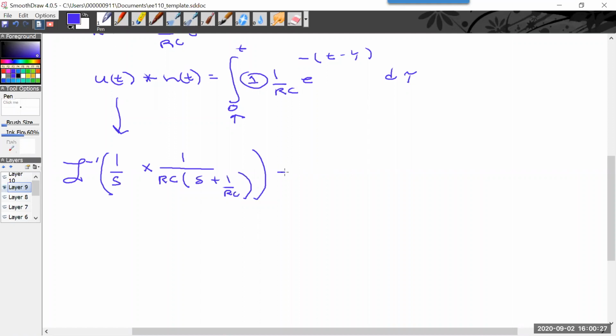All right, and what we get is 1 minus e to the minus t over RC, remembering to put the... sorry, that's the tau. Okay.